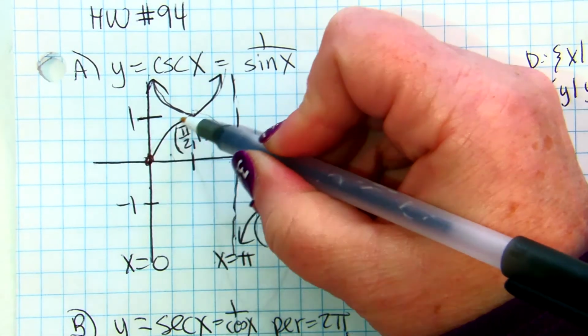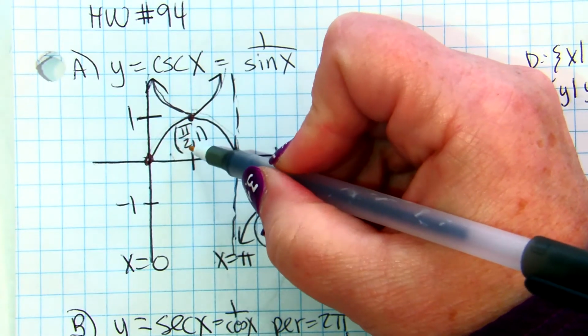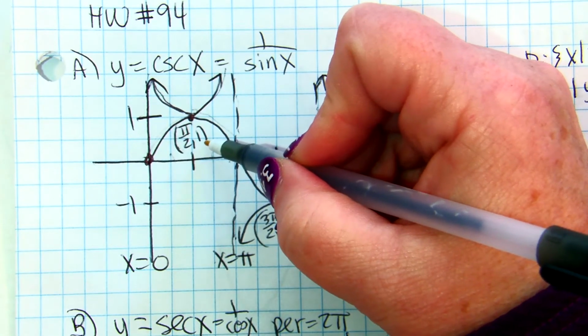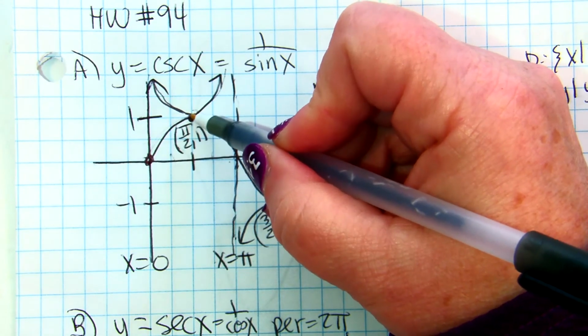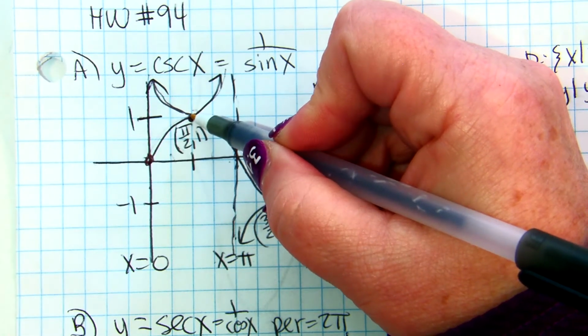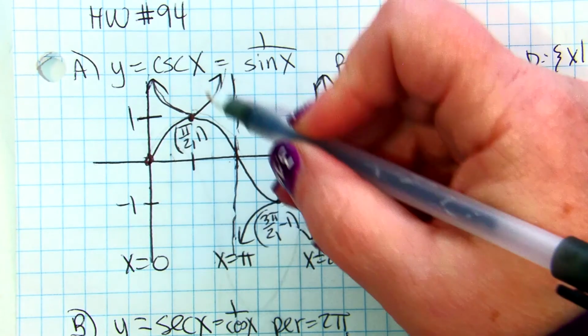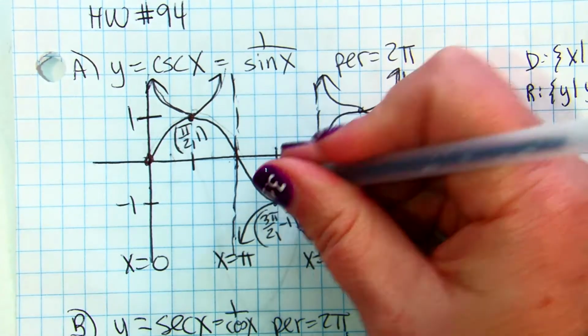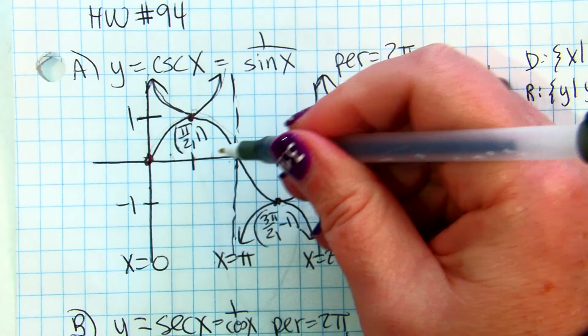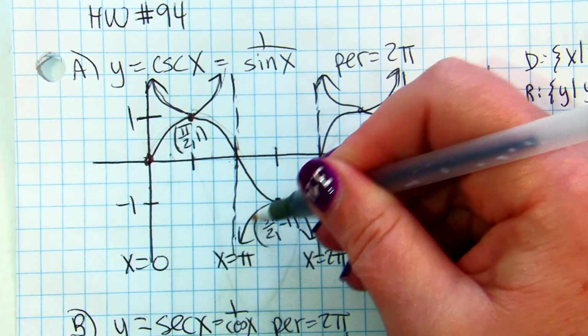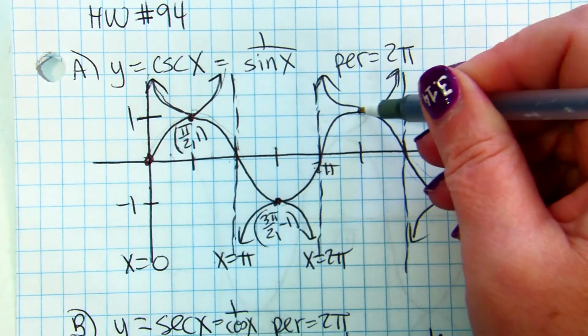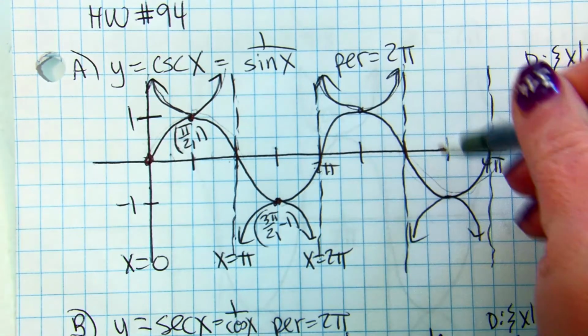If you divide by 4, you get pi over 2, comma 1. So pi over 2, and the height is 1. And then here, this is the third one. So 1 pi over 2, 2 pi over 2, 3 pi over 2, negative 1. And you don't have to write what the other ones are.